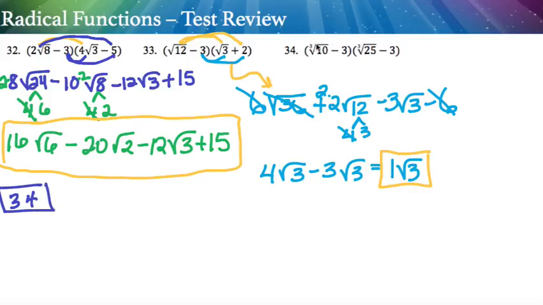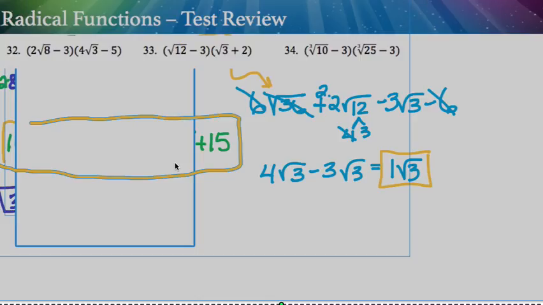These are cube roots, so I've got to move this like that. So the cube root of 10 times 25 is 250.